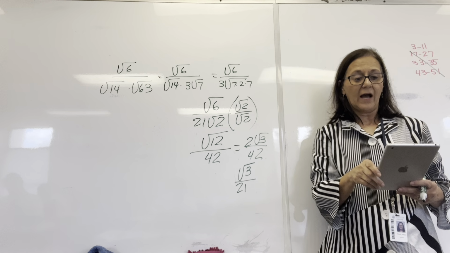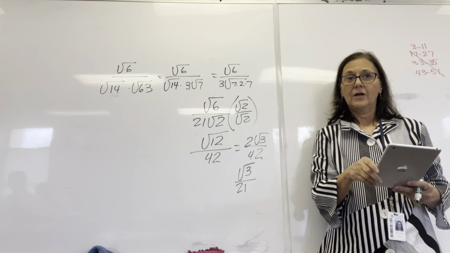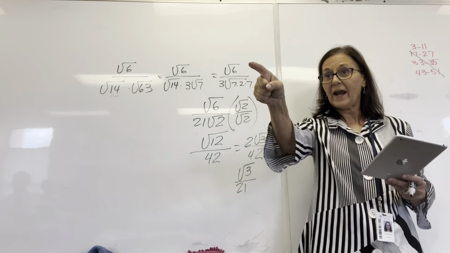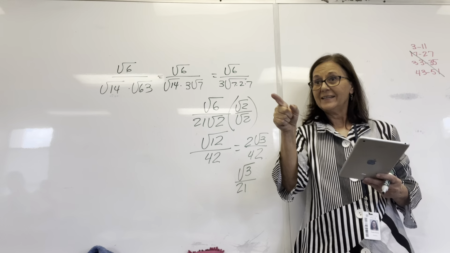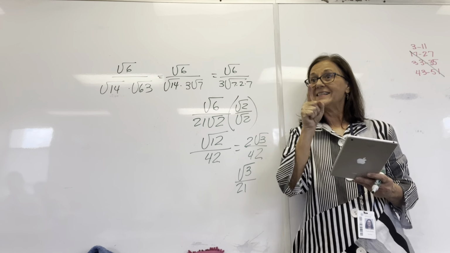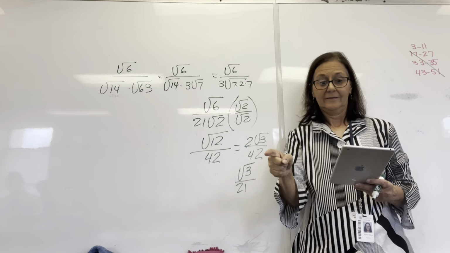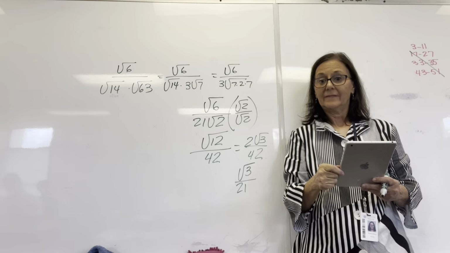What is number 5? The square root of 0.0081. You know that 81 is a perfect square. It's 9, but you take half of the zeros. So it's 0.09. Got it?